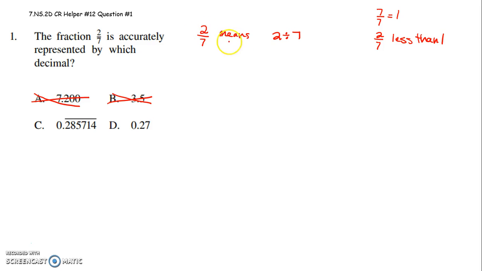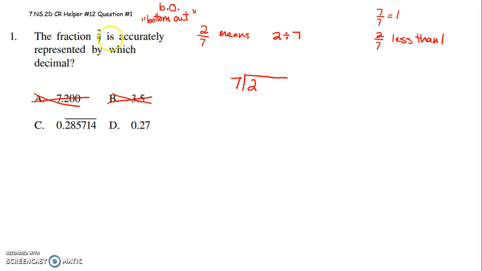All right, so it means 2 divided by 7. So we have to take 2 and divide it by 7. Some of your teachers might use "bottom out." That's BO, but it doesn't mean body odor in math.